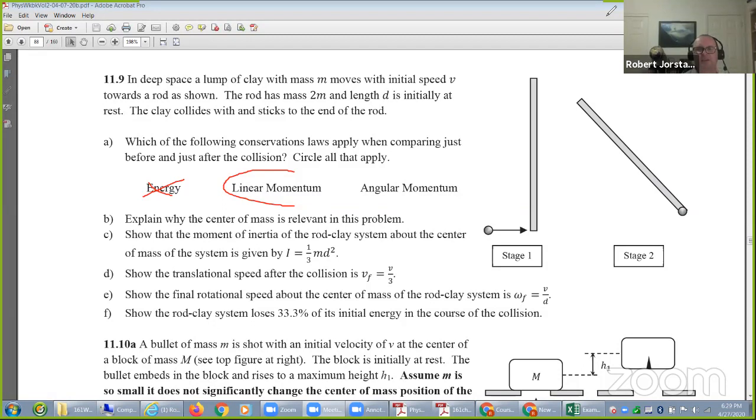So because we can't measure the energy that was lost inside the clay, from a computation standpoint, we can't do conservation of energy here. All right. So watch out for that one.